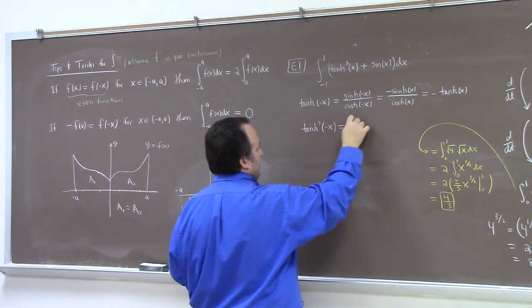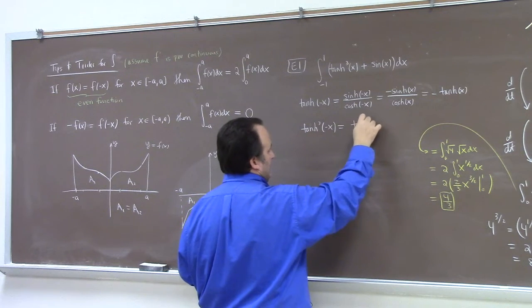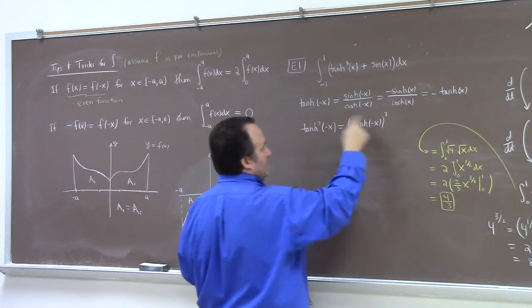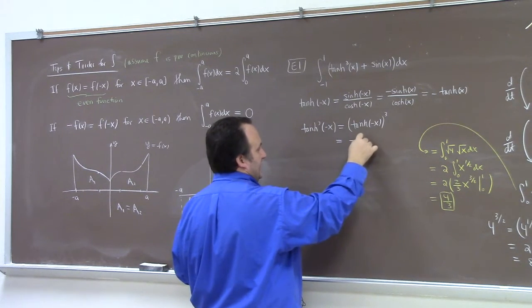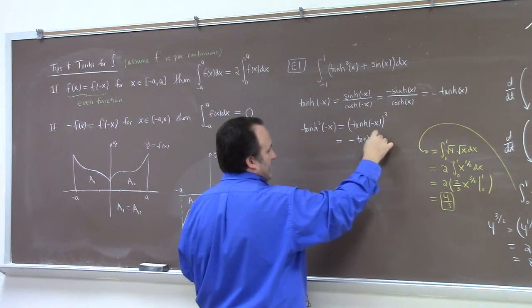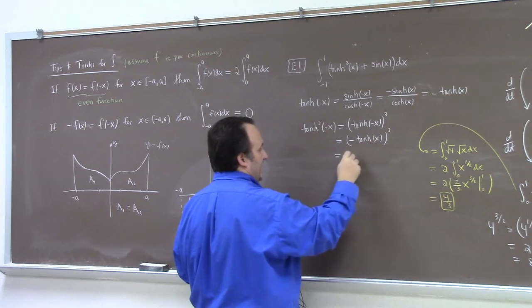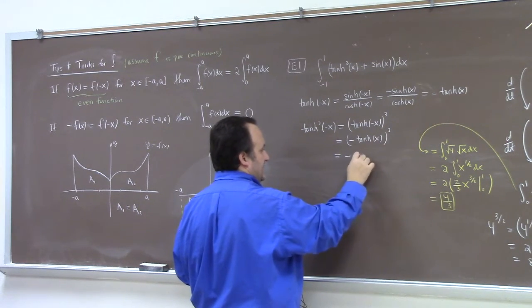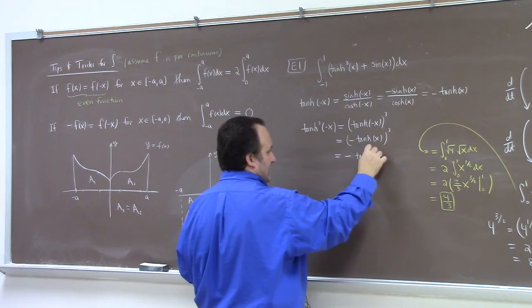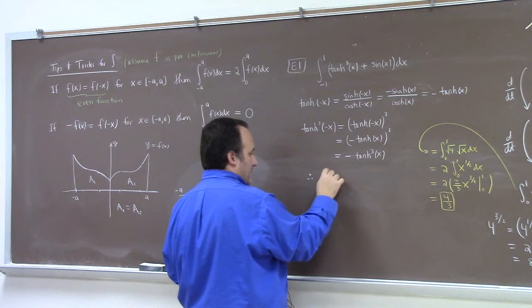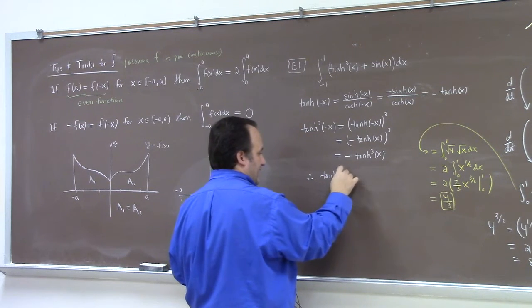Well, that's tanh of minus x, cubed, right? By the calculation above, that's minus the hyperbolic tangent of x, cubed, and the cube of minus is minus, so we get minus tanh cubed of x. So therefore, tanh cubed of x is odd.